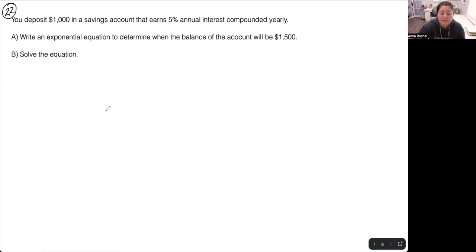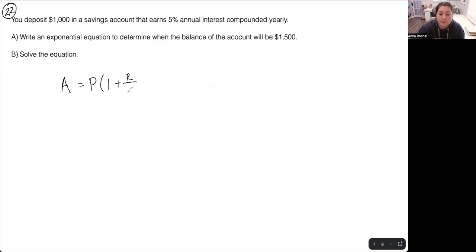And then this is the last problem. Anytime you have a word problem that requires you to use interest savings, we know that our general formula is my final amount, A, is going to be the principal times 1 plus whatever the interest is, whatever the percentage is.